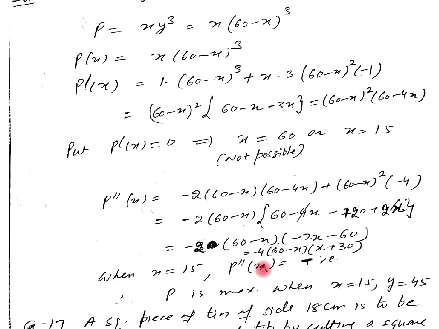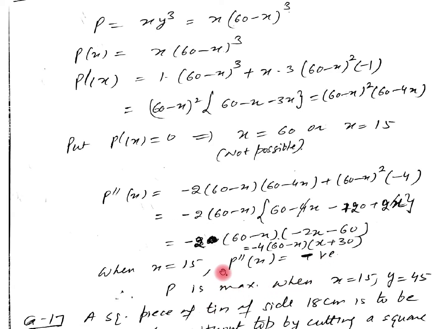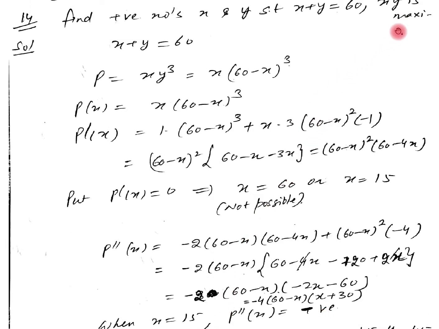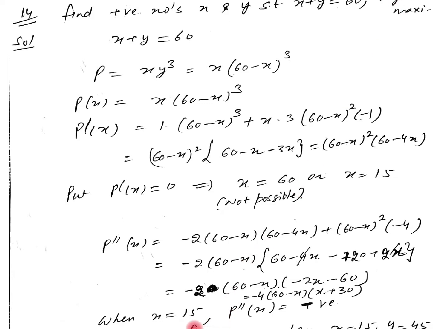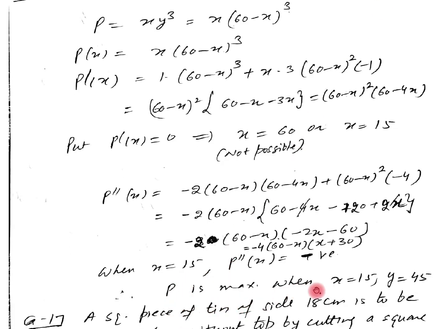The second derivative is minus 4 into (60 minus x) into (x plus 30). When we put x equal to 15, the second derivative is negative. So therefore the product given in the question is x y cube, and we can say P is maximum when the first number x equals 15 and y equals 45.